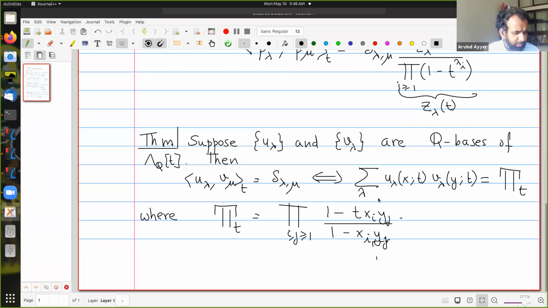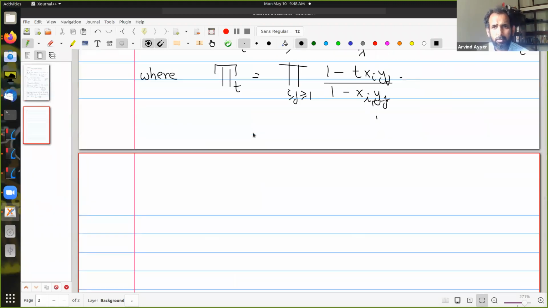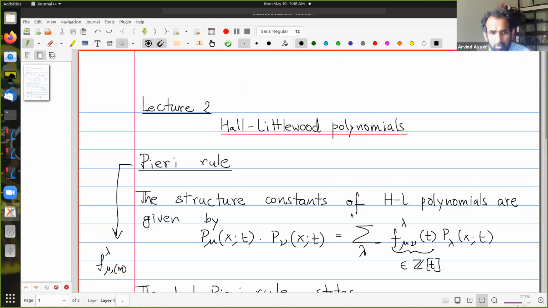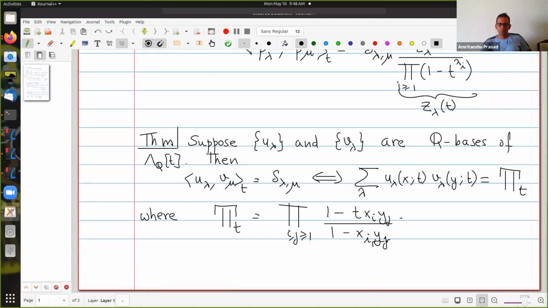So this I will not prove, but this automatically gives you the same kind of, oh, what have I done? When you put t equals 1, it completely degenerates, is it? Do you have to take a limit somehow? Okay, yeah, this is not a good limit, I think. Then you will get monomial symmetric functions.